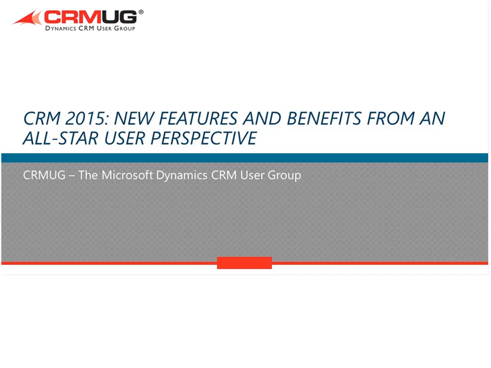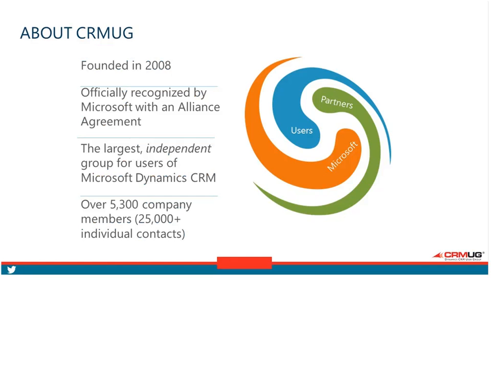What I'd like to make sure you understand is that the CRM User Group is an independent third-party alliance with Microsoft. We're an independent user of Dynamics CRM. We're not a part of Microsoft. We have an alliance agreement with them. We were founded roughly 6 years ago, and I joined going on my 4th year here now with CRM UG.